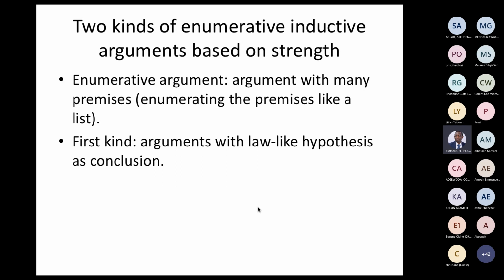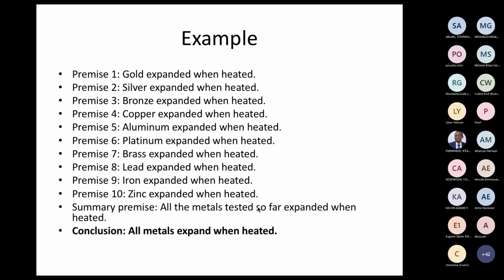An enumerative argument is an argument with many premises, sort of enumerating the premises like a list. So the first kind of argument we're going to look at are arguments with law-like hypotheses as conclusion. For example, you have 10 premises here, about 10 different metals that expanded when heated.